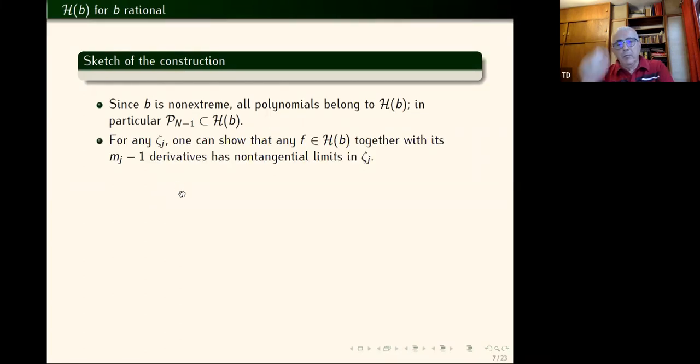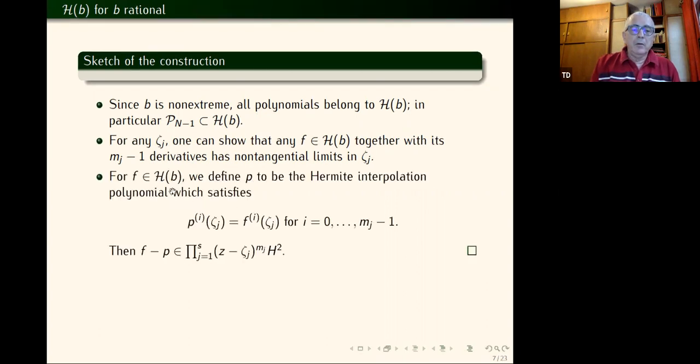Now, this is where we have to be a little careful, namely to show that for any of the zeros of A on the unit circle, all functions in H(B) have non-tangential limits, and not only do they have non-tangential limits themselves, but their first m_j - 1 derivatives have non-tangential limits, where m_j is the multiplicity of the zero ζ_j.